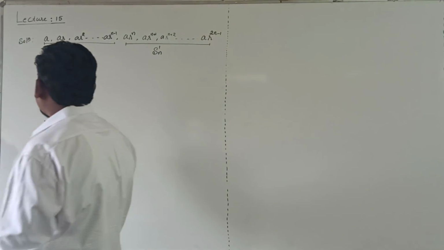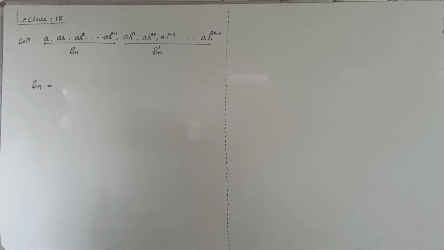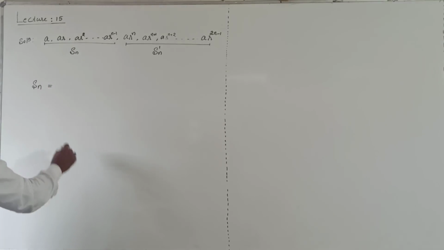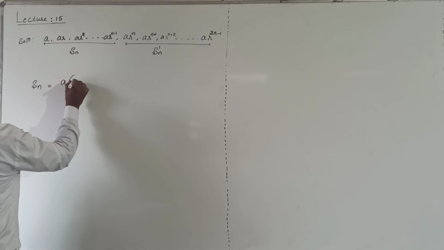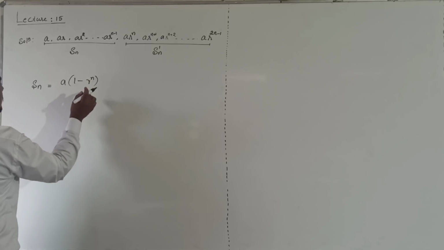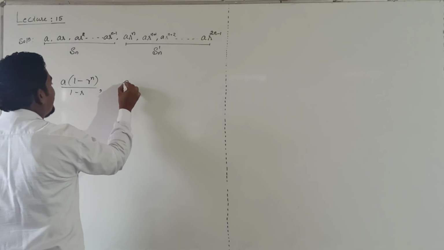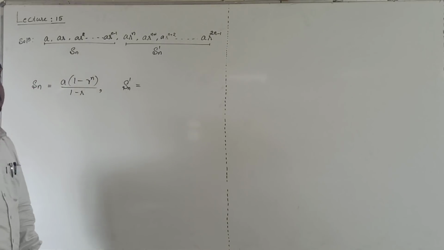Now tell me what is the Sn value? Assume that r value is less than 1, or else you can take r value more than 1; take any one of the forms. Sn equal to a into 1 minus r power n divided by 1 minus r. Similarly, what is Sn dash?